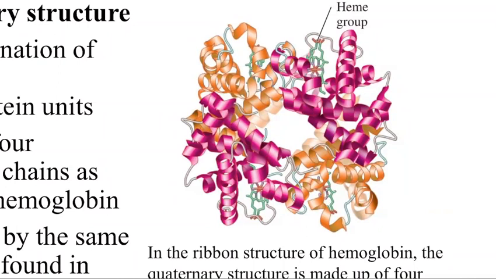You mainly see the secondary structure, and because this is interacting with each other, you see tertiary and quaternary. This is just an illustration. What I want you guys to understand from this ribbon structure for the protein hemoglobin is that it has 4 pieces coming together, 2 orange, and then those 2 that are burgundy.